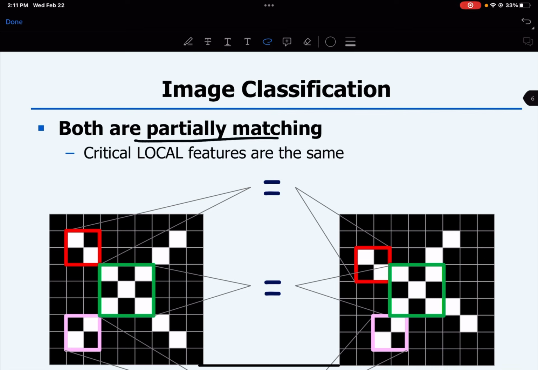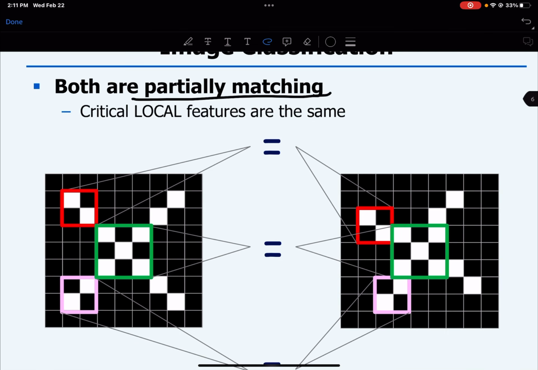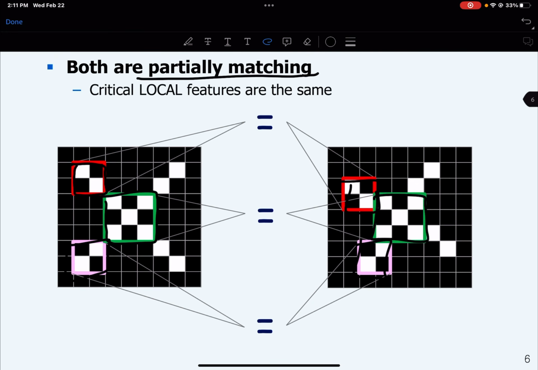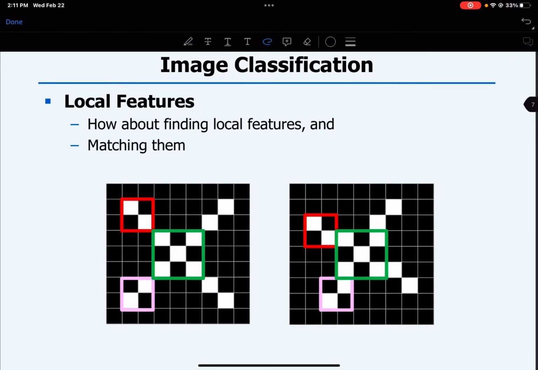We can say they are both partially matching, and what we do is try to find the local features within the image. This is a local feature, both of them are matching. The central part, at least, is matching. This part is matching. So we try to find these local features within the image and then determine if they are both the same image.